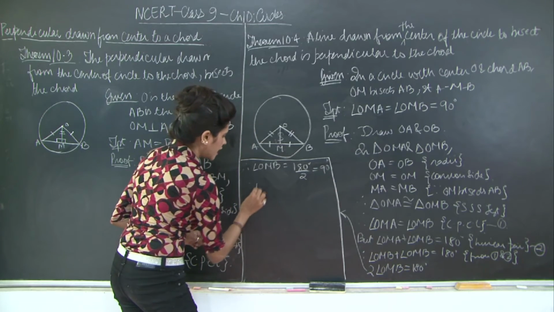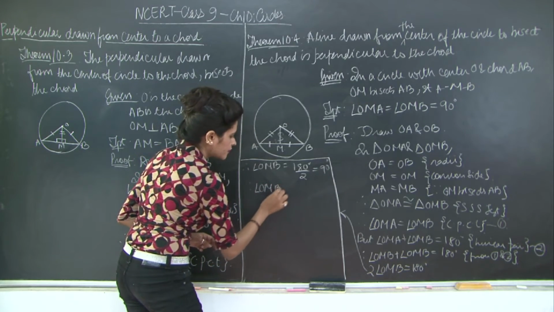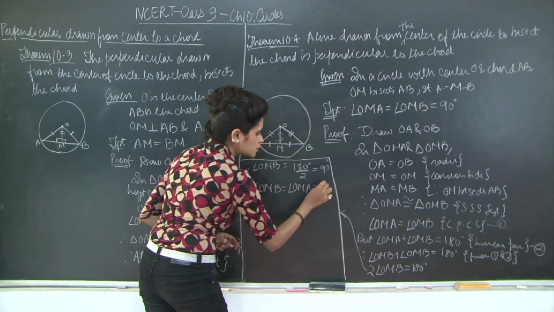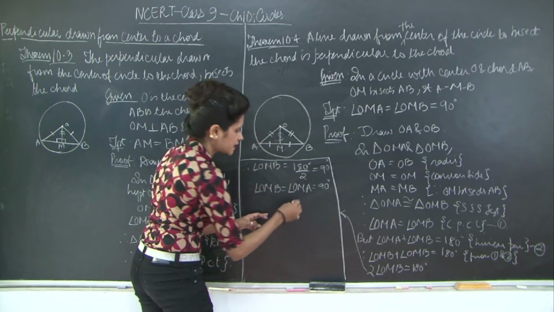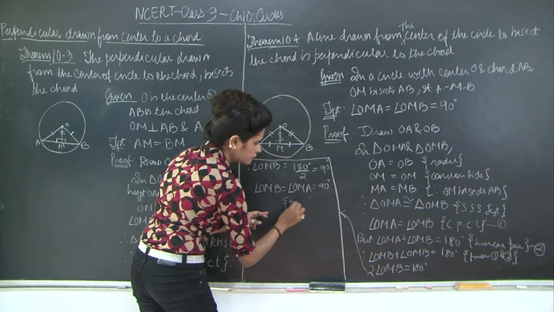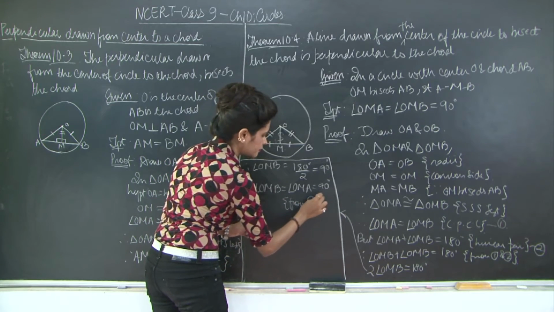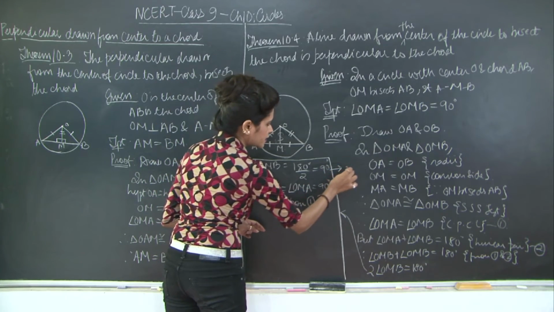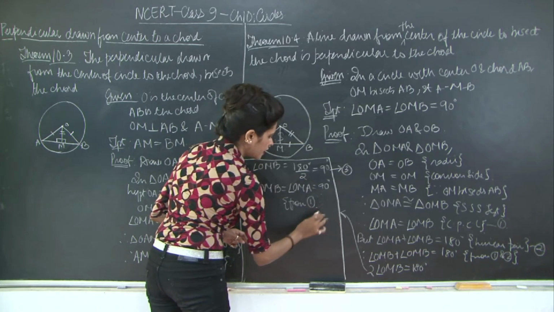Correct? Therefore angle OMB is equal to angle OMA is equal to 90 degrees, and I will say from 1. And let's mark this statement as 3. So from 1 and 3.